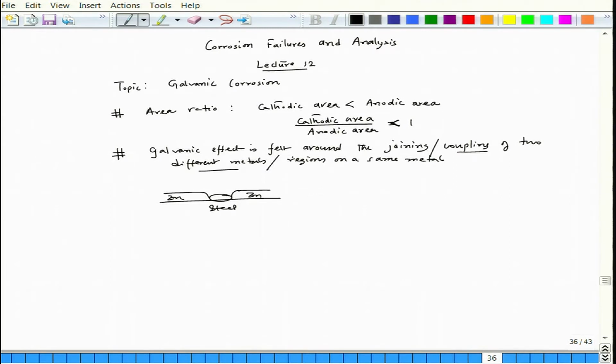But if the area exposed is large, the galvanic effect will be felt around this zone, and around this zone it will be more or less uniform corrosion. In fact, that time you will see that the steel is protected around these areas, but this area we see a lot of rust.